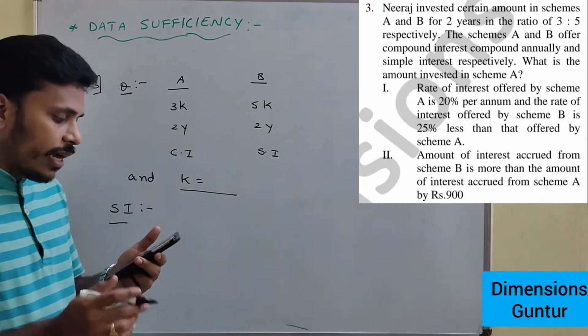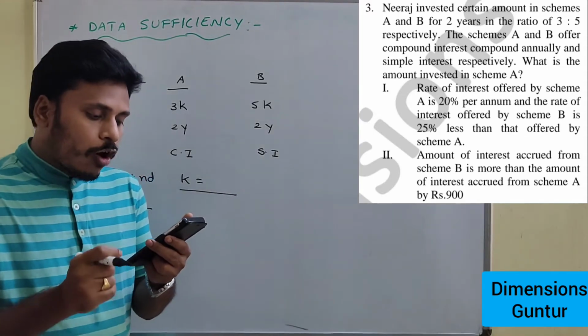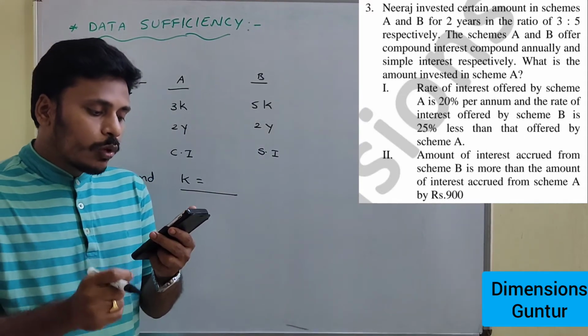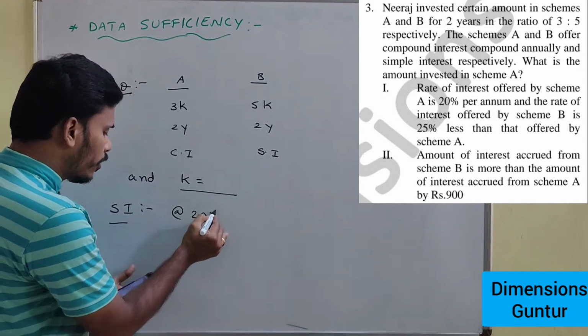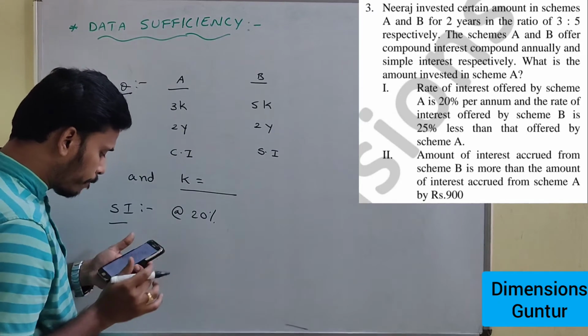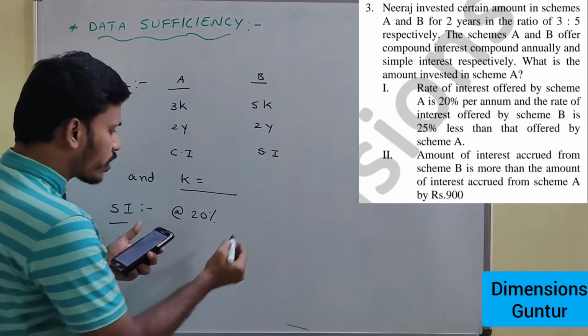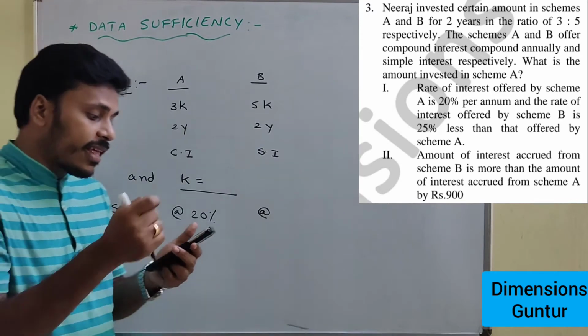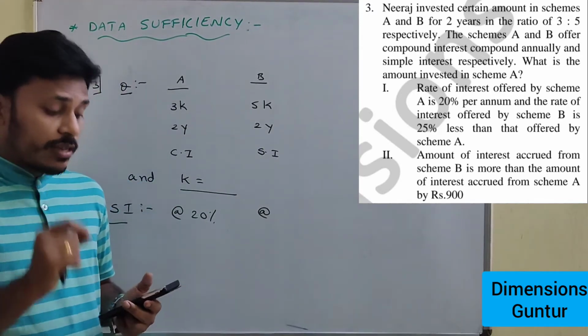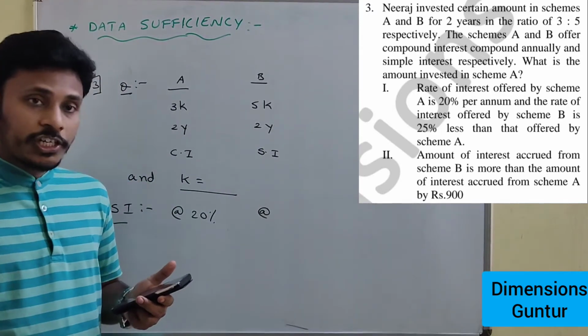Statement 1 says the rate of interest offered by scheme A is 20% per annum, and the rate of interest offered by scheme B is 25% less than that offered by scheme A. Okay, you need to pay your attention here.